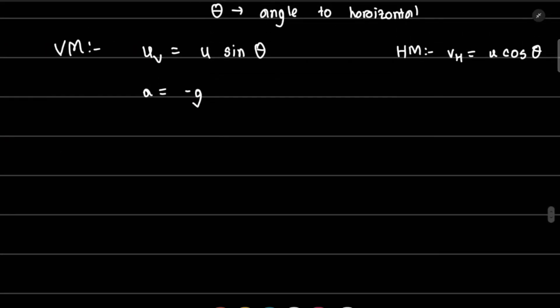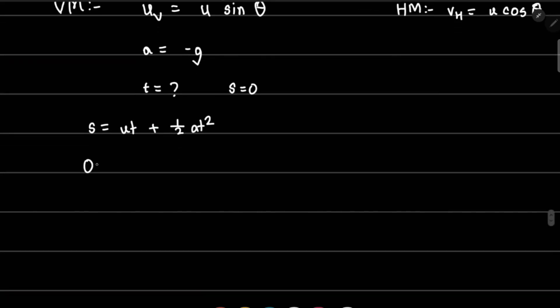Now if we want to find the flight time, we set s equals to 0 and we use s equals ut plus half at squared. We get 0 equals u sin theta t plus half minus g t squared.